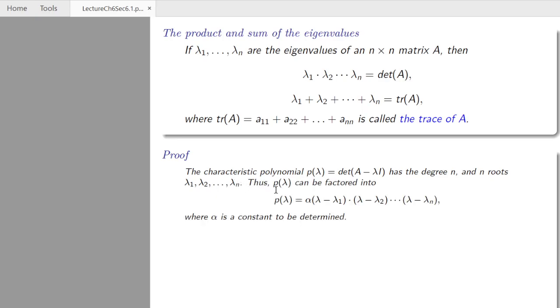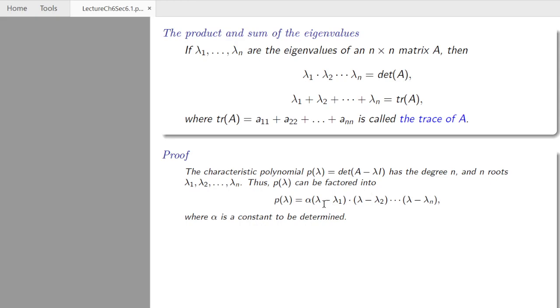And then we can factor the polynomial as the product of lambda minus lambda 1 times lambda minus lambda 2 times up to lambda minus lambda n. Why can we do this? Because we know all the solutions, so the polynomial can be factored as a product of this form.